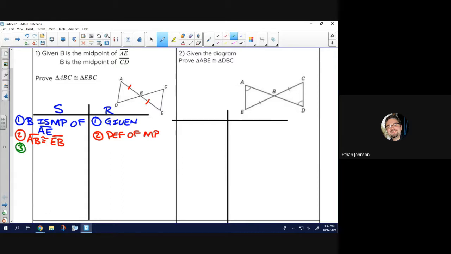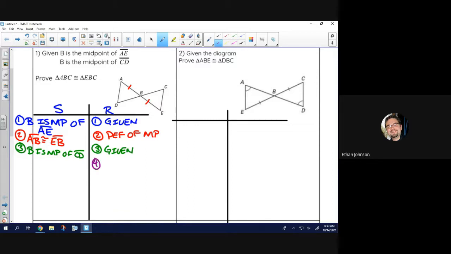I'll write my next given. So B is the midpoint of CD. And once again, we have a vocab word of midpoint.